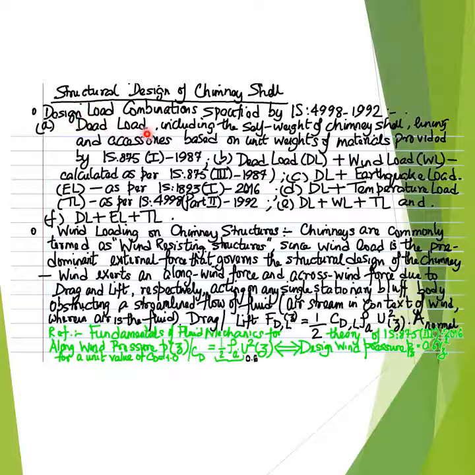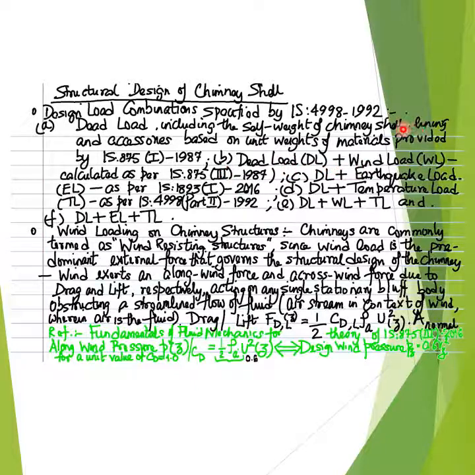A. Dead load, including the self-weight of the chimney shell, the chimney lining, and accessories, based on the unit weights of the respective materials provided by IS 875 Part 1, the latest revision.